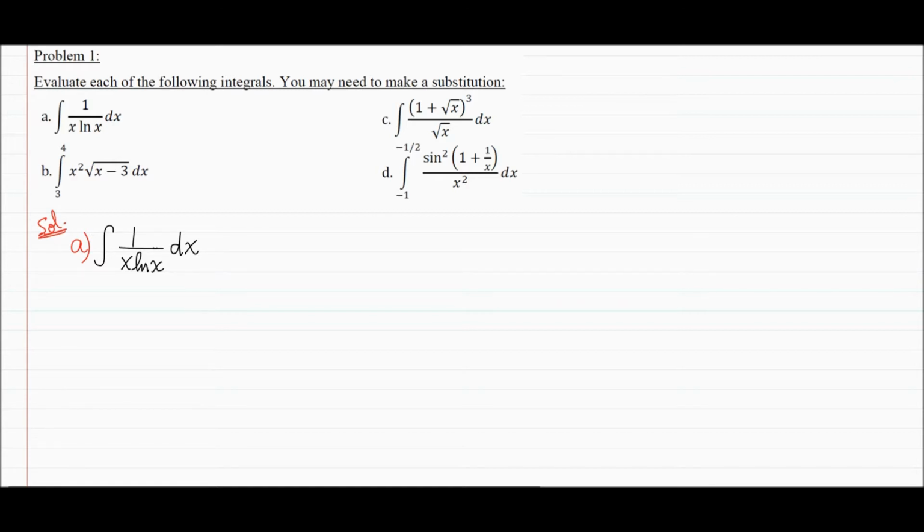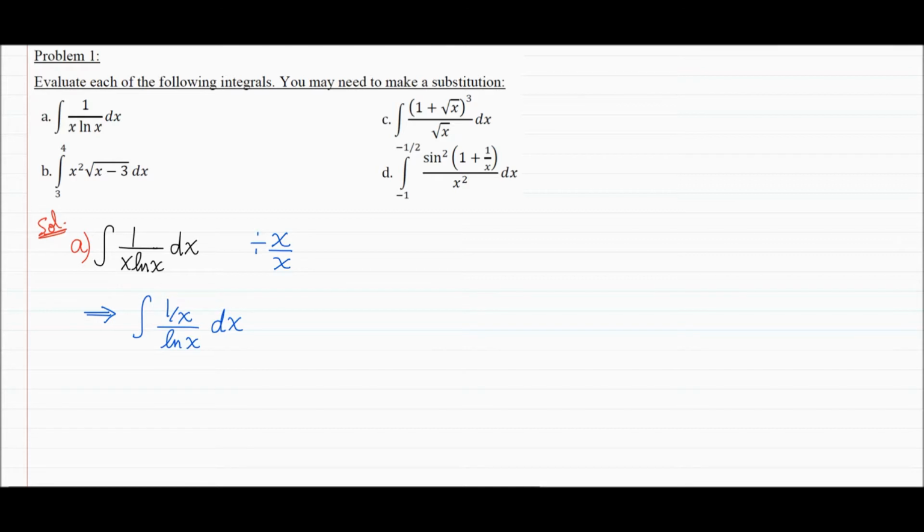Here, I can solve this problem using two different methods. First of all, if you divide both numerator and denominator by x, the integral will be in this form. So it will be the integration of 1 over x over only ln x, and then dx.